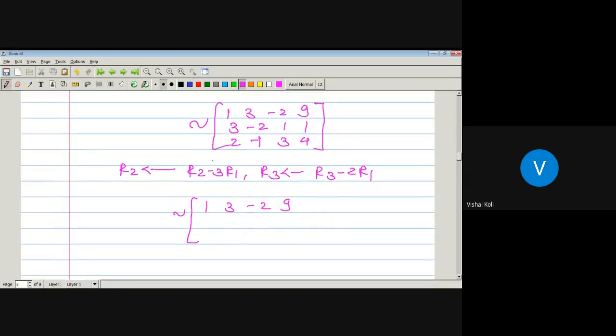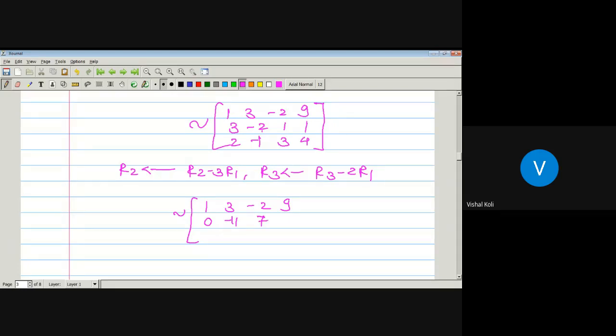Now the second row becomes 3 minus 3, 0. Minus 2, minus 3 into 3, minus 2, minus 9, which is equal to minus 11. Now minus 1, minus of minus 2 into 3, which is 7. 1 plus 6, 7.